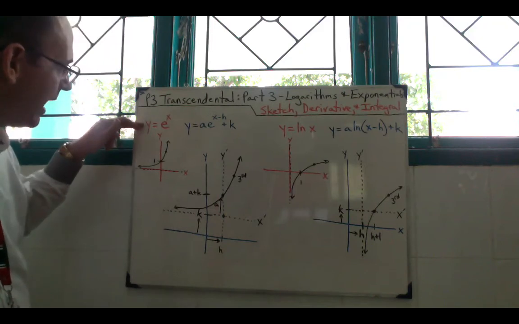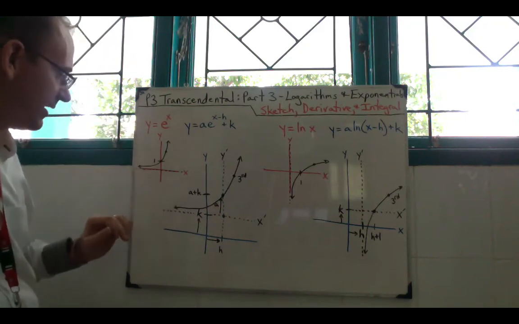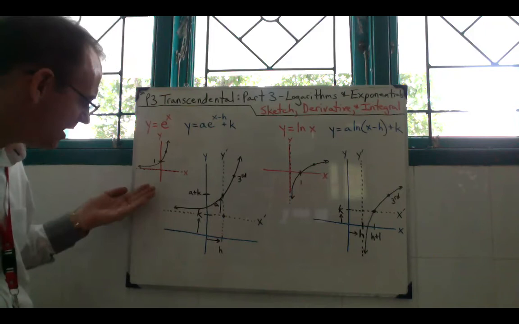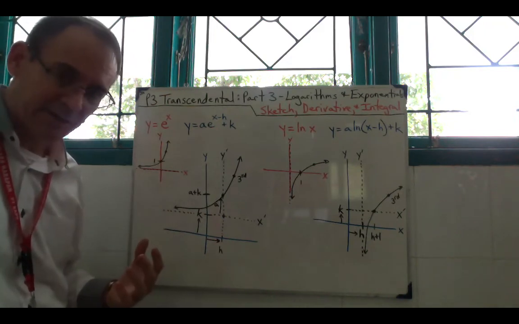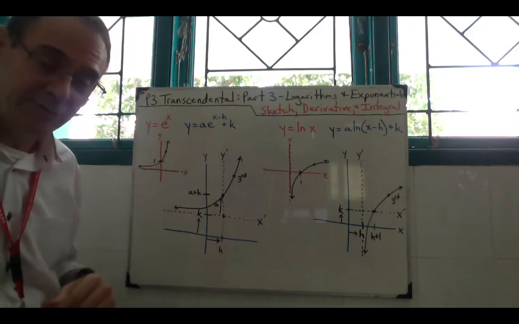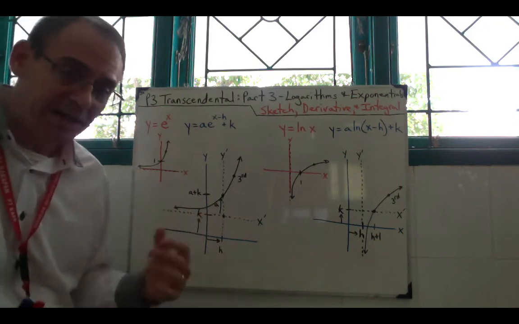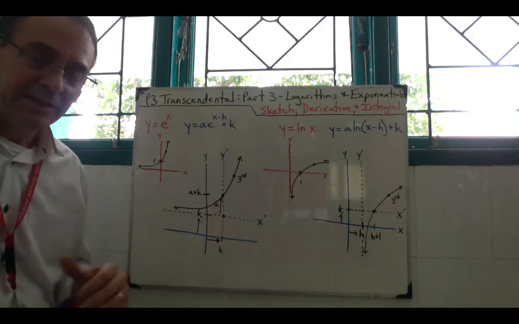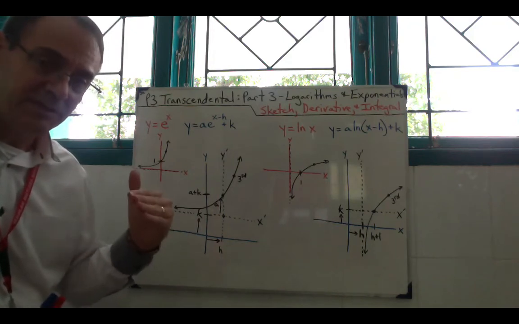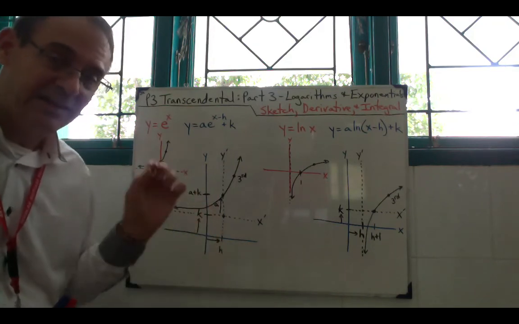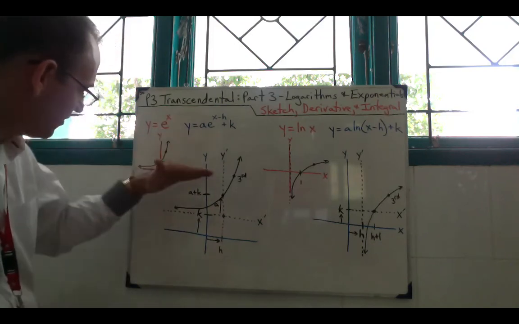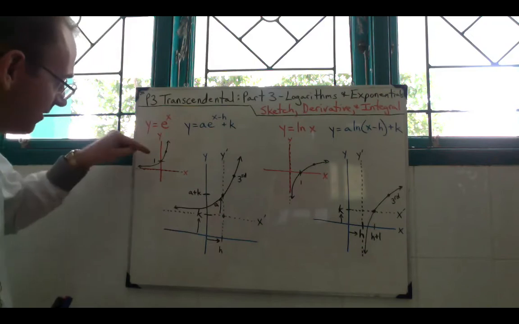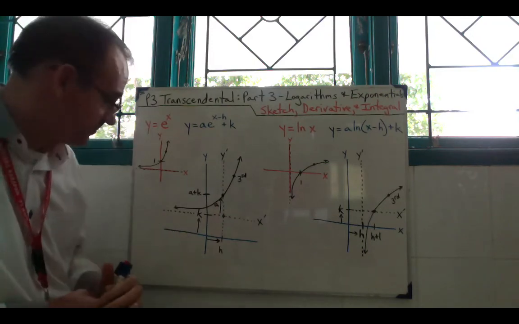So because y will never be 0 or negative, we have this imaginary line here that our graph will not cross. That counts as one of your points of reference. When we talk about 3 points of reference, it means a referral point, not necessarily an actual coordinate point. So this fence is 1 point of reference, and then we need 2 more points.